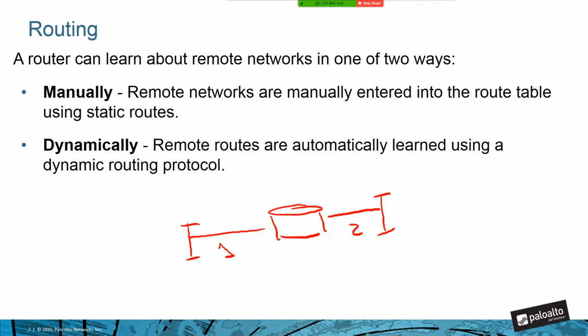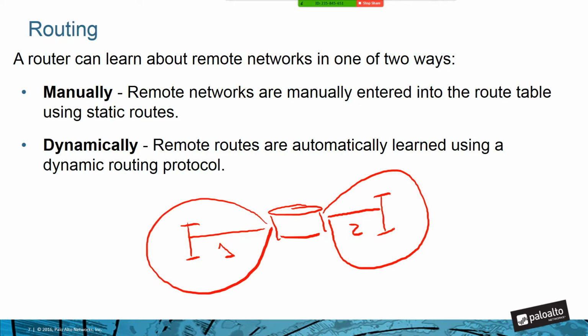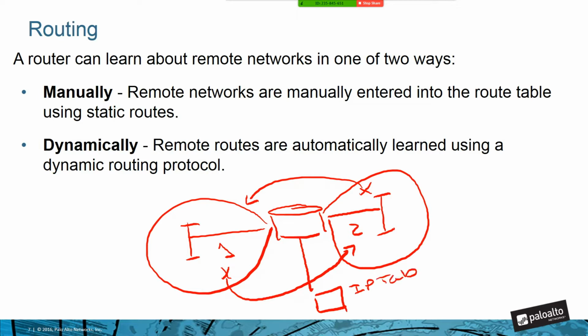So you in essence have two networks, and your intention is to traverse from this network to that network, and from that network back to this one. The name of the game is building that table, building our IP table.